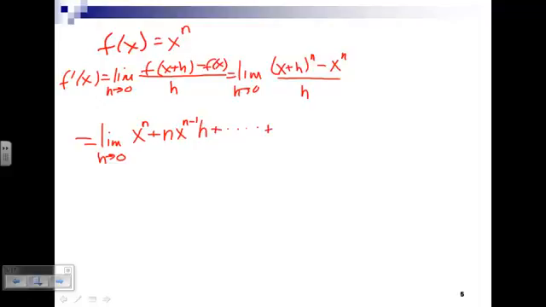And it goes all the way down until the last two terms are n x h to the n minus 1 plus the very last term of this expansion is h to the nth. And then, of course, we also have the negative x to the nth at the very end. And then this whole thing is over h.